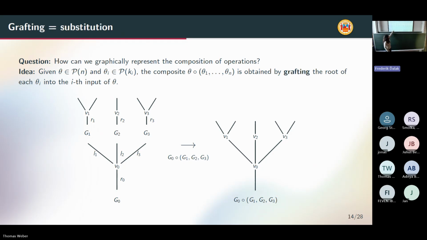If the tree is G0, like this one, with say n leaves, and you have n other trees, like say G1, G2, Gn, then you can compose them by gluing the roots of G1, G2, Gn onto the leaves of G0 in their order, in the non-symmetric case. And in this way, you can obtain a new tree which corresponds to the composite operation, and everything can be formalized. Well, this is just a picture, but it can be formalized very carefully.